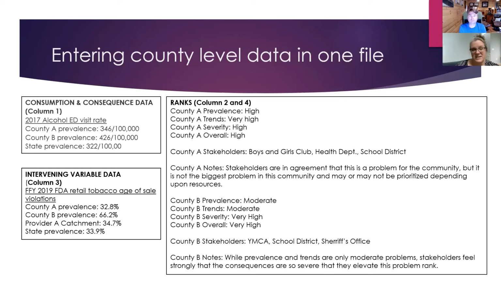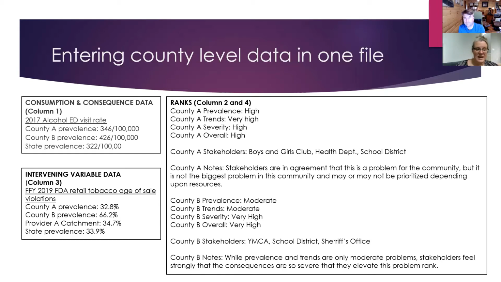The state prevalence is already populated, and of course, County A, you're going to replace. Maybe it's Alamance County, New Hanover County, Pender County, whatever those counties are, you just replace local with the county name and then type in their data. So you'll have a few more lines of data with just copying and pasting that.